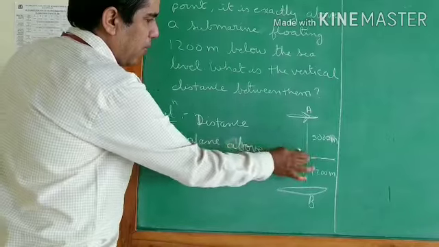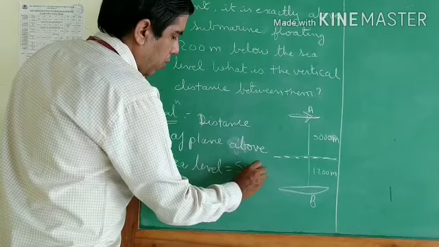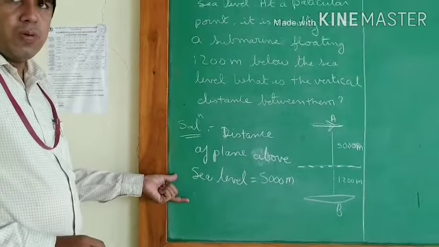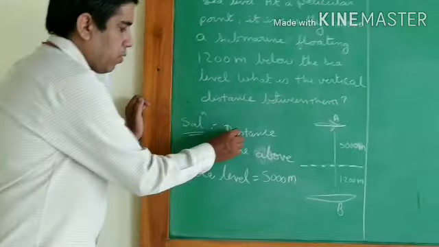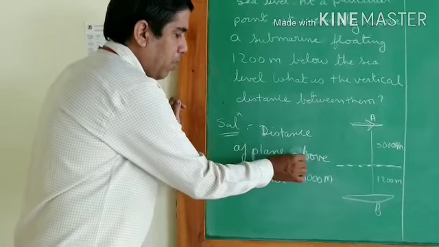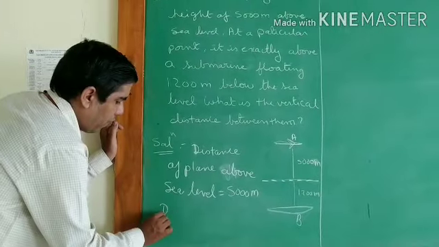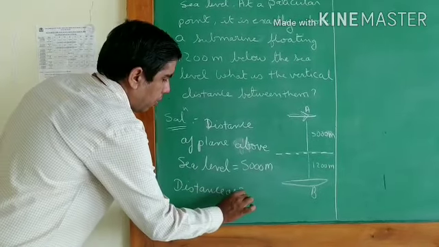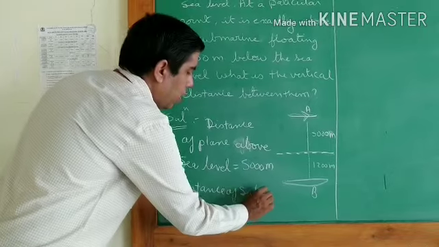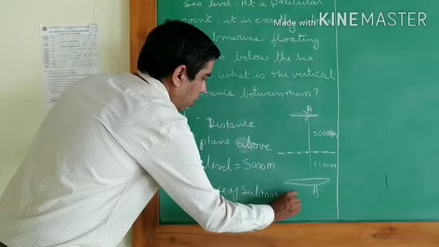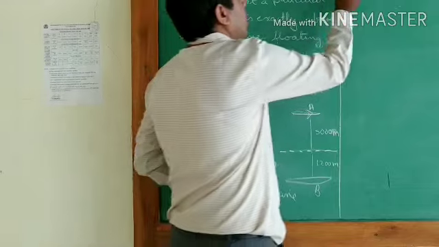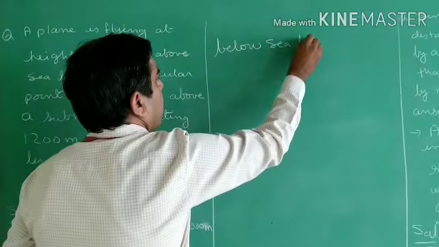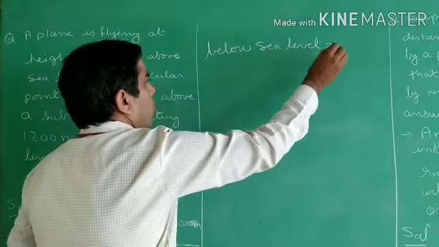Distance of plane above sea level is how much? 5,000 meters. Similarly, distance of submarine below sea level is equal to, what is given here?